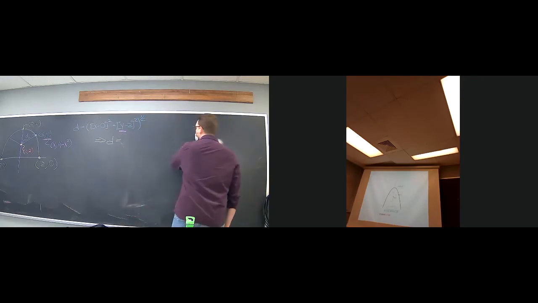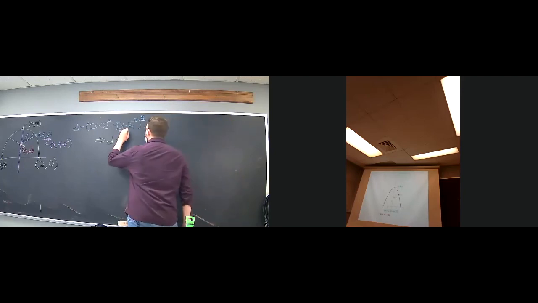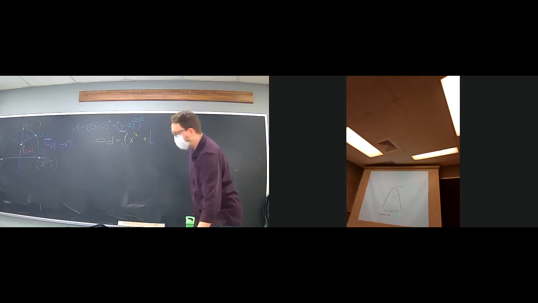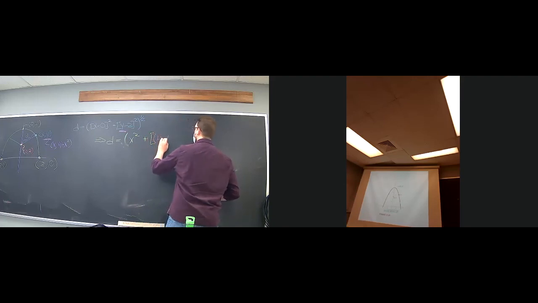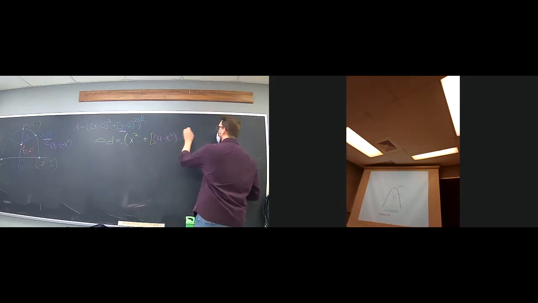Let me clean this up so that it's a little bit easier to read. x squared plus 4 minus x squared minus 2, that quantity squared, all of this to the 1/2 power.